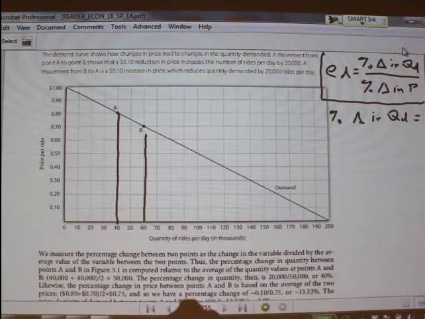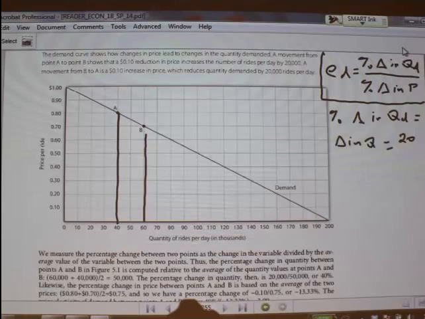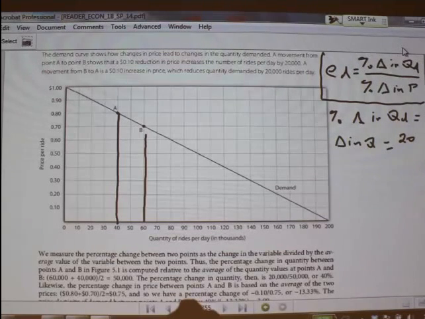So the change in Q is 20,000. I'm running out of room, so I'm just going to write 20, and you should know that's 20,000. And then the change, what do we put this over? Well, it turns out we're going to put it over 50. Why? Because 50 is the average of 40 and 60.